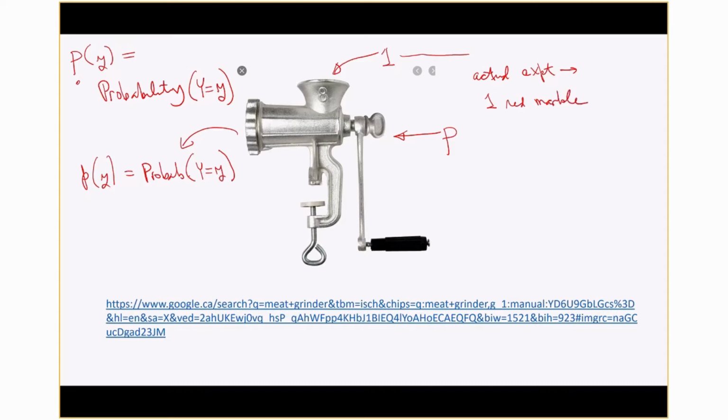And what comes out of the other end is the probability, p at 1, is equal to the probability when the experiment is done that the random variable Y, and remember the random variable Y consists of the set of all possible outcomes.